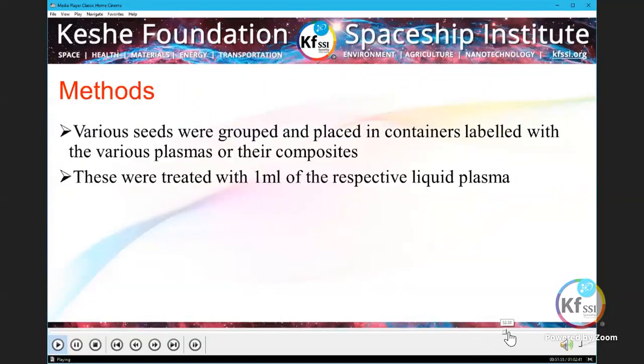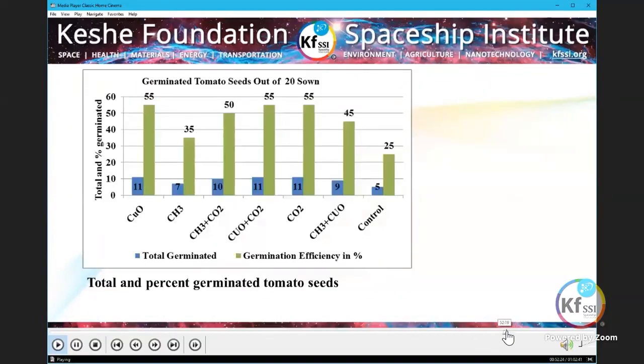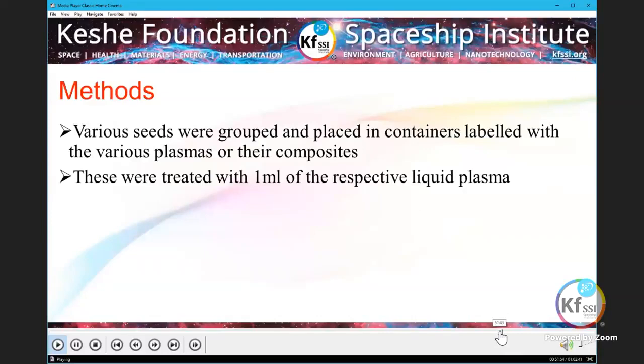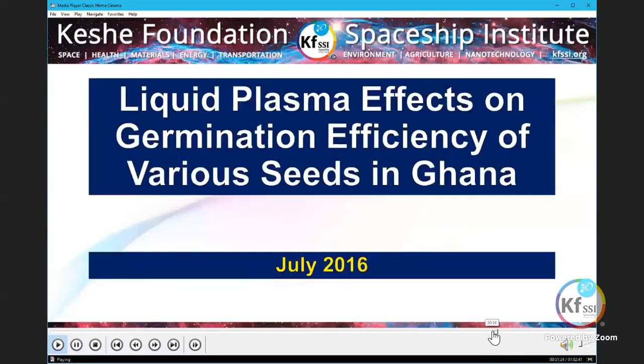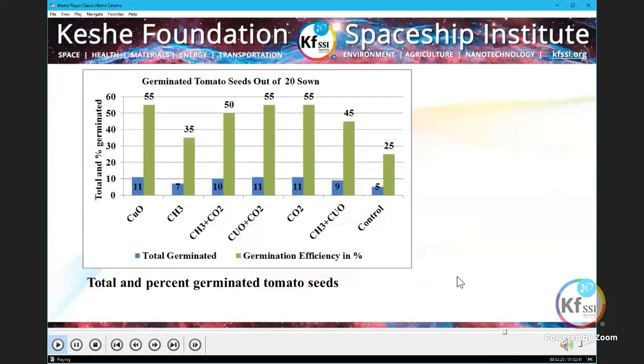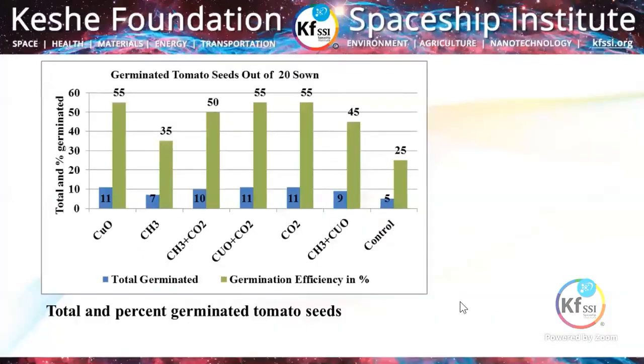Can we go to where you refer to the high level of germination with CuO? Here we see it on the left-hand side. Yes, here it is. It's at a very high level. Again, wherever CuO has been used, it is fairly high.